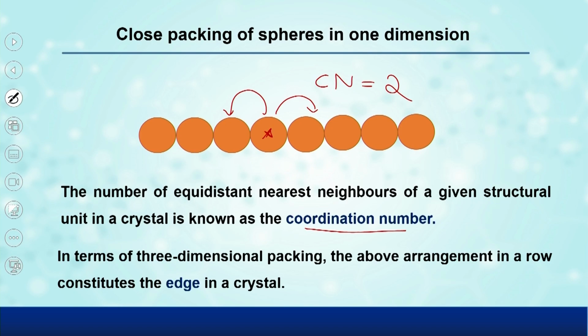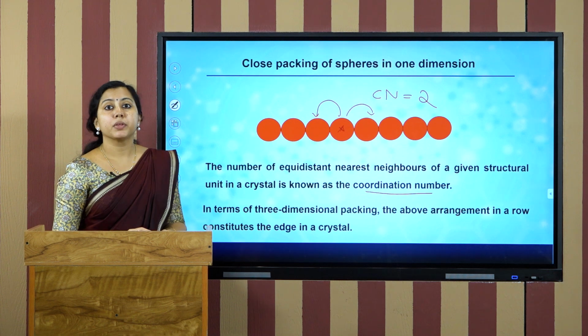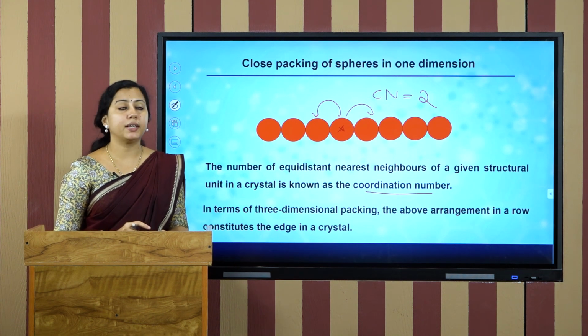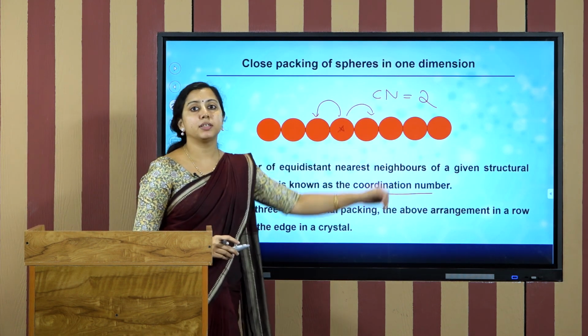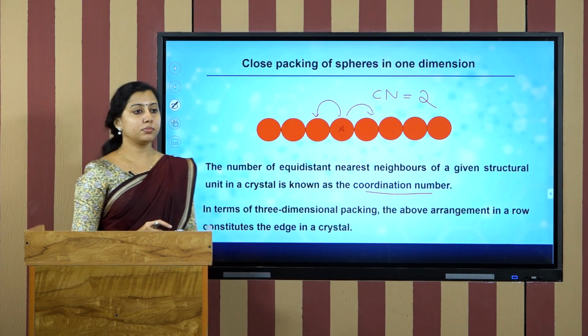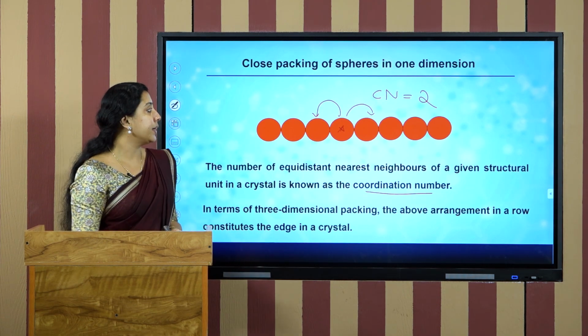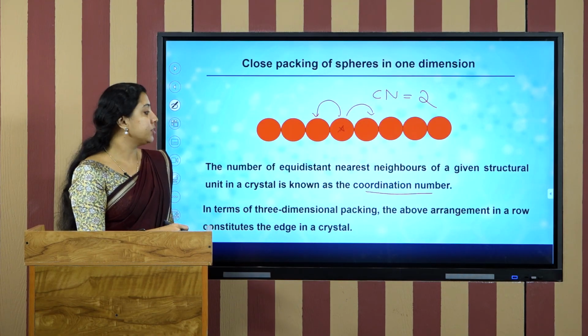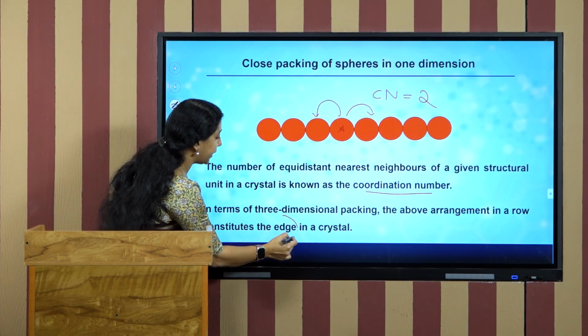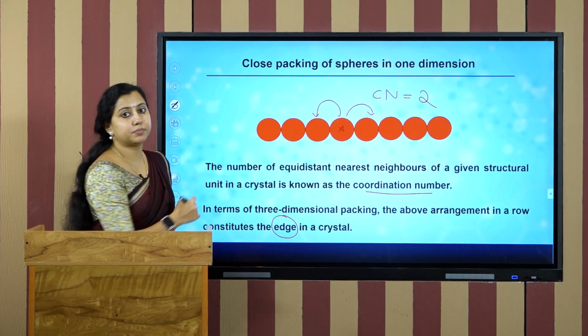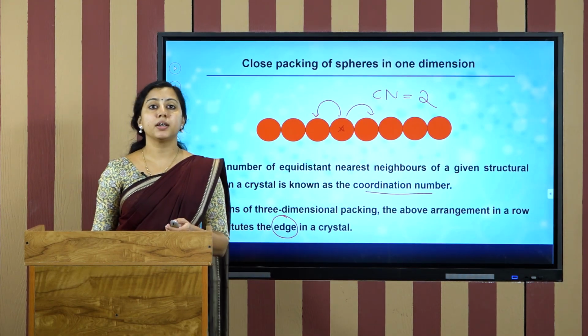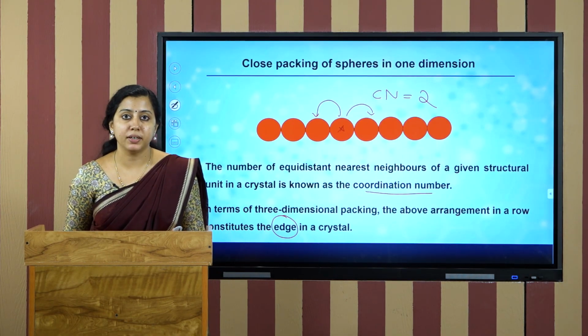So, when we consider the close packing of spheres in one dimension, the coordination number is equal to 2. In terms of three-dimensional packing, the above arrangement in a row constitutes what is known as the edge in a crystal. So, this is the close packing of spheres in one dimension.